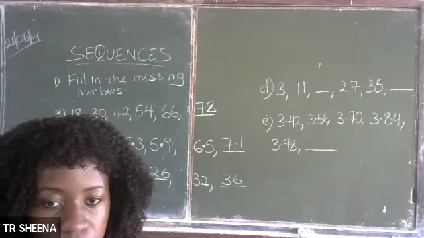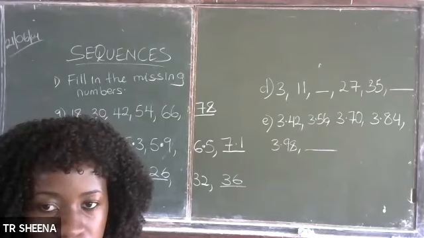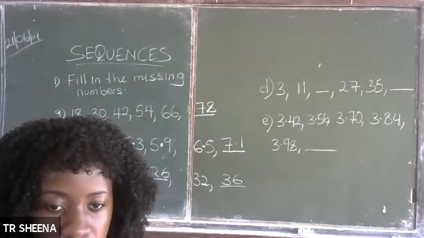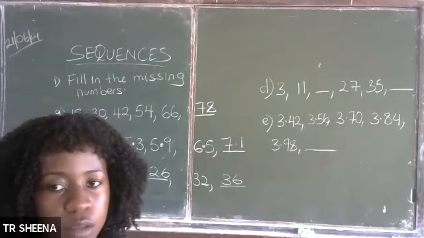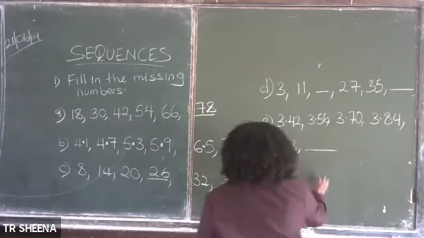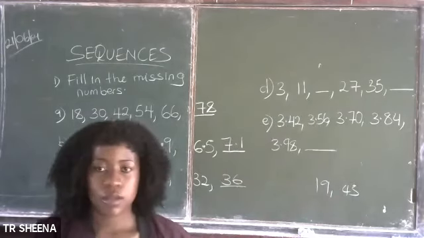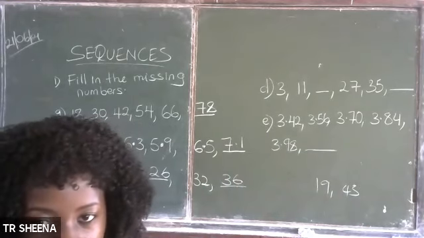Yes. Okay. For part D, I got 19, and then the other answer is 43. You have 19 and 43. Regina, you have that answer? 19 and 43. Regina, I want to hear your answer.